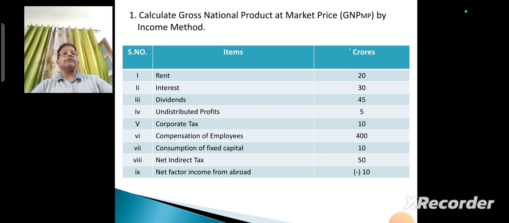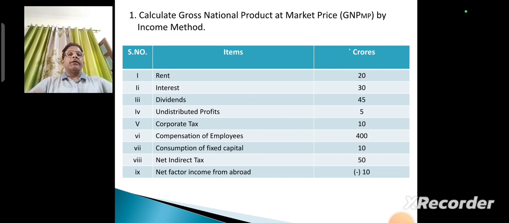Okay. So rent, interest, dividend, undistributed profit, corporation taxes, COE, consumption of fixed capital, which is depreciation, NIT, and net factor income from abroad. I'll advise you here to firstly write down the formula for the calculation of GNPMP, which will be COE, OS, MI, NFIA, DEP, and NIT.